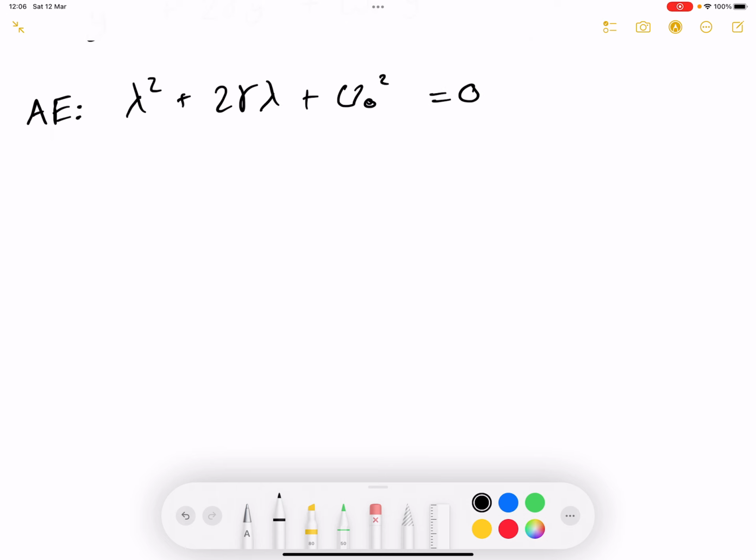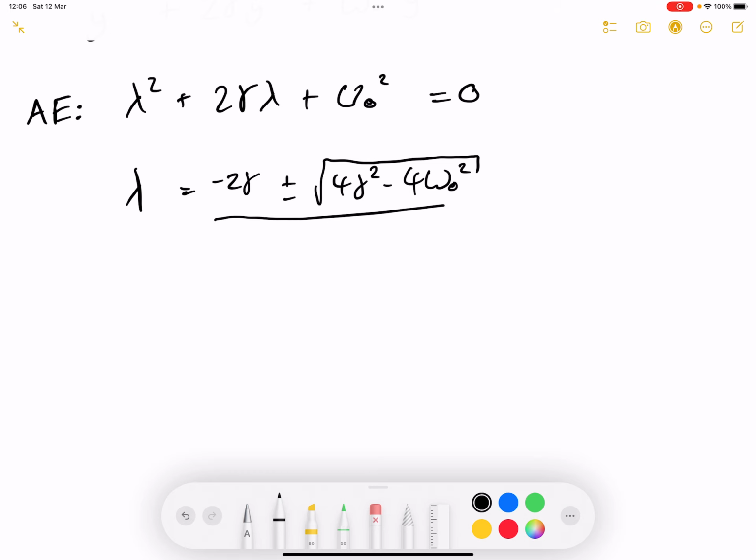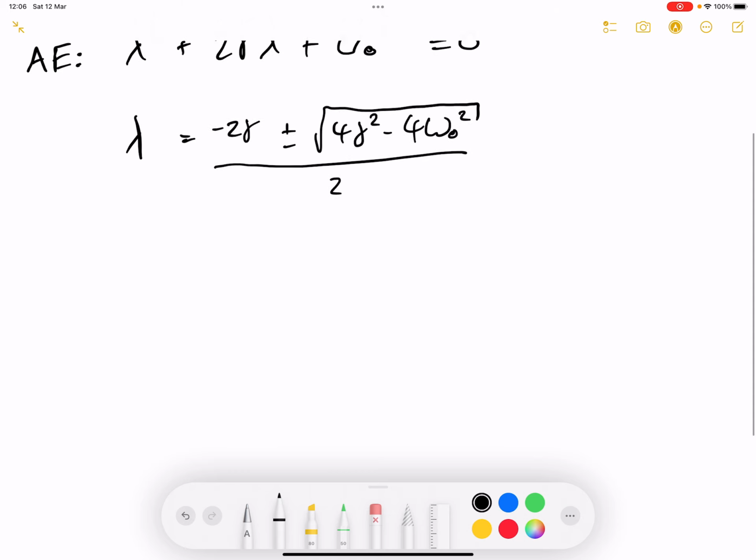Now, if we solve this with our quadratic equation, we get lambda equals negative b, so negative 2 gamma, plus minus the square root of b squared, so 4 gamma squared, minus 4ac, minus 4 omega naught squared. Oh, look, we can take out a factor of 4, which will then turn to a factor of 2 outside the square root. All over 2a, which is just 2.